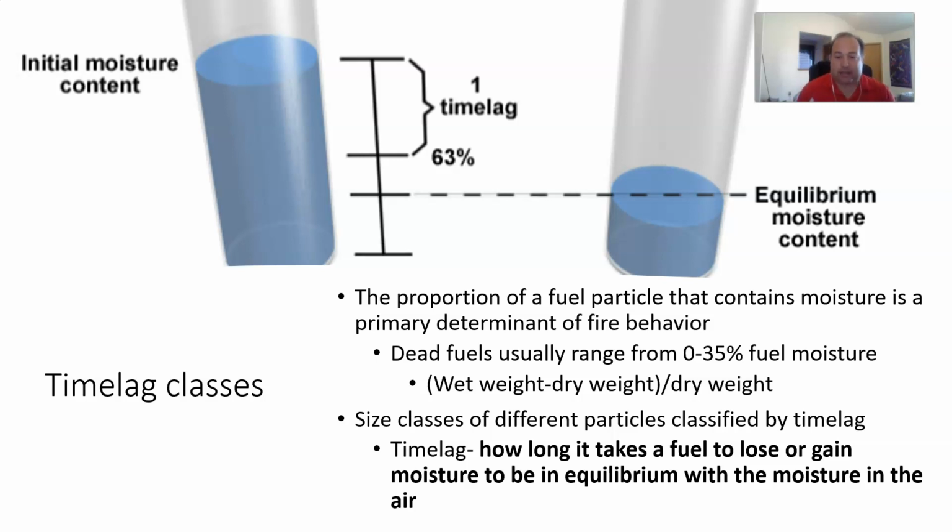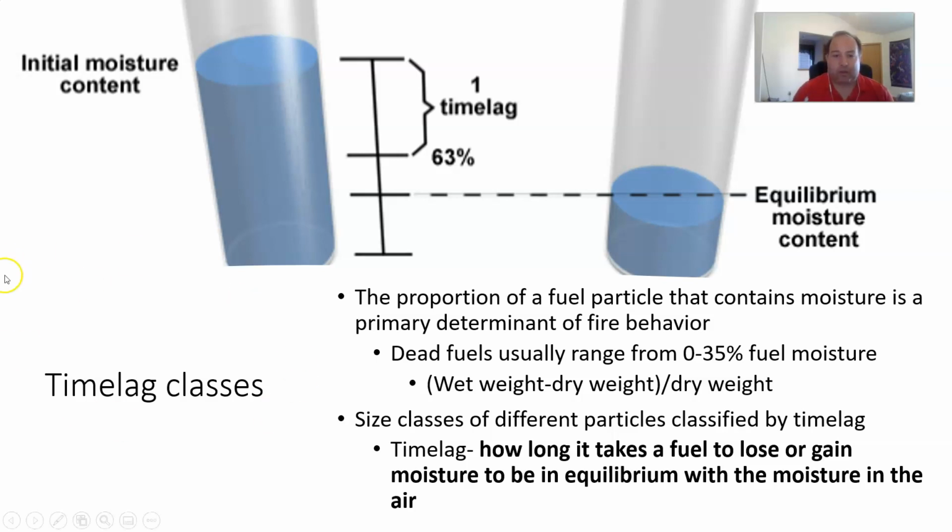So these size classes are going to be separated by their time lag. You keep hearing me say time lag. What does that mean? The definition of time lag is how long it takes a fuel to lose or gain moisture to be in equilibrium with the moisture in the air.